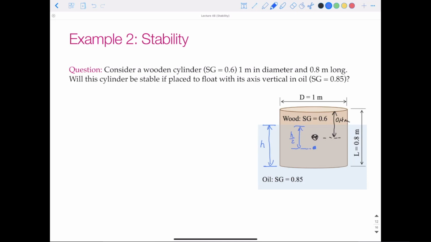We have to find that depth. Once we know the depth, we can calculate our distance to the metacenter. And we know our I0 of the footprint because it's a circle, so we can solve for stability.